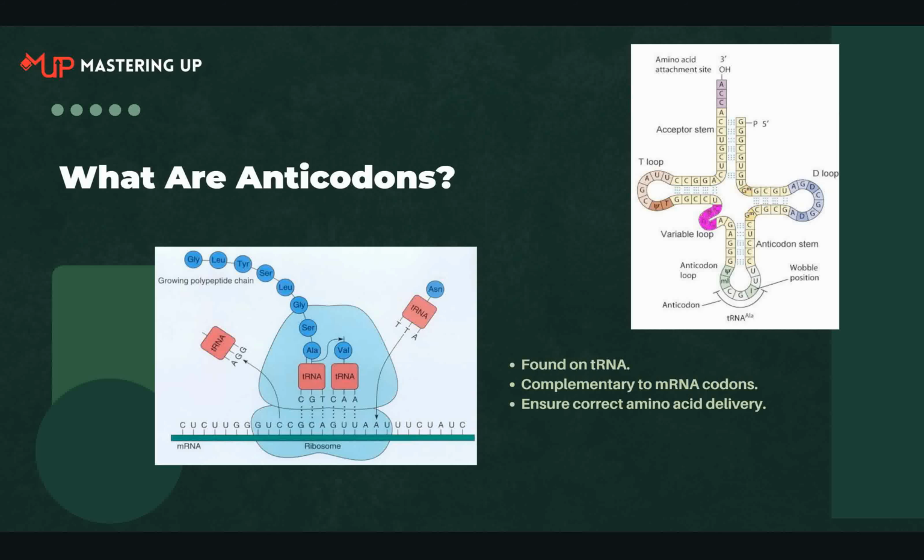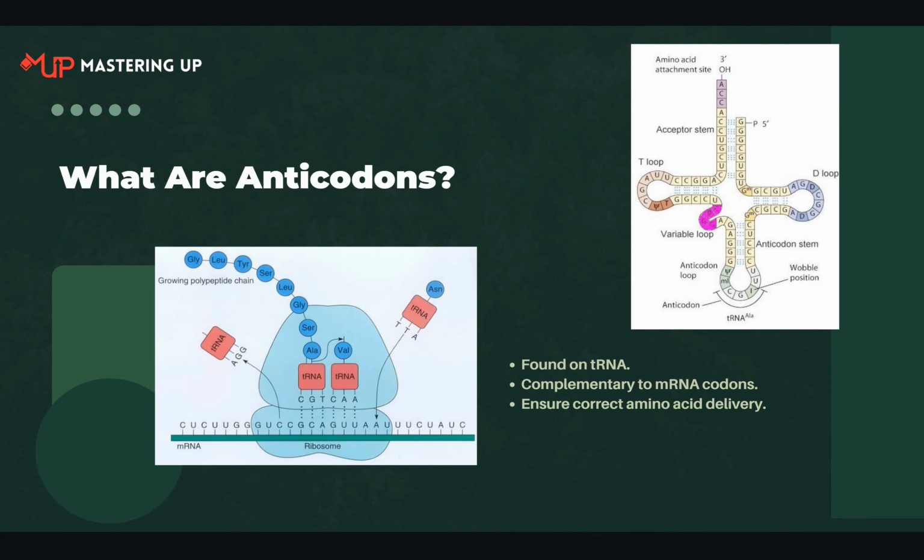This tRNA has three nucleotides, which is the anticodon, which is complementary to the mRNA codon. So it will bring a specific amino acid to the site so that an accurate protein which is coded by the gene is produced. So this is how it works.